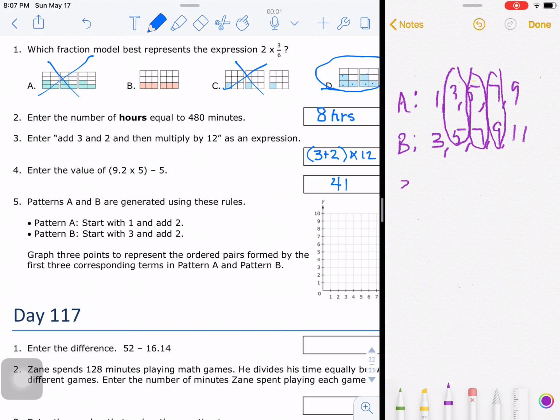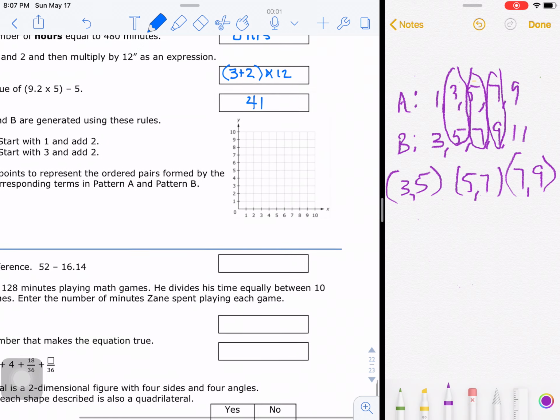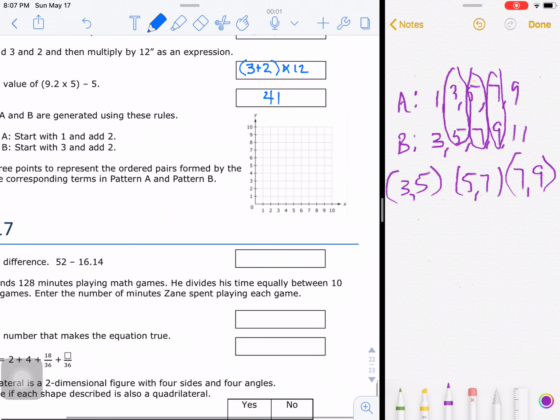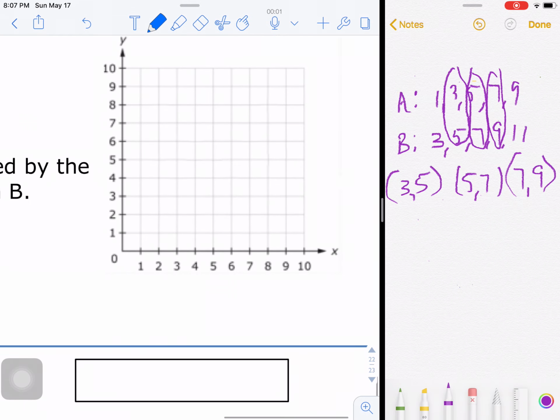So my ordered pairs are (3, 5), (5, 7), and (7, 9). And it doesn't matter which 3 points you choose. So let me go over here and graph it. We start with the origin.